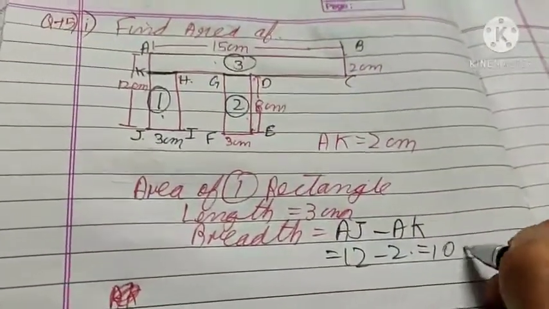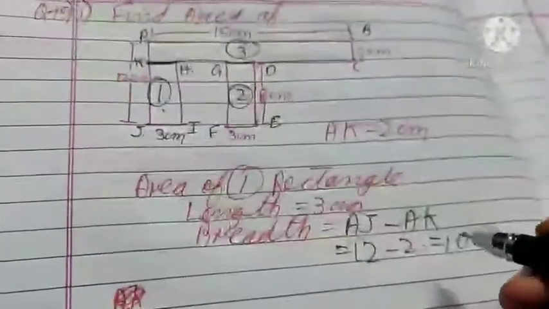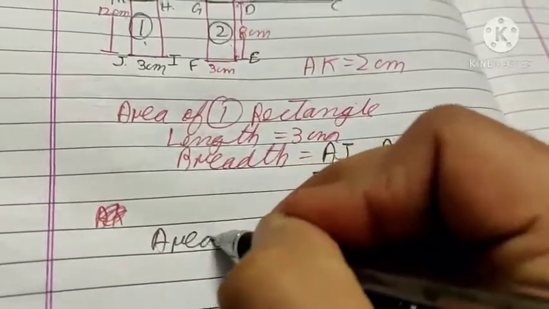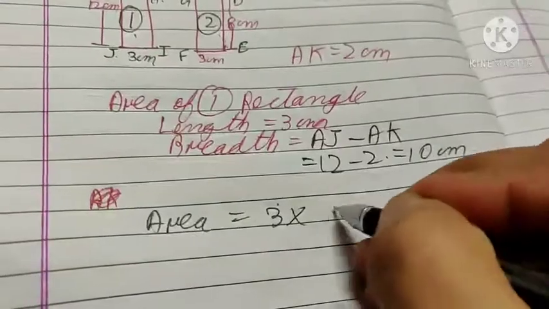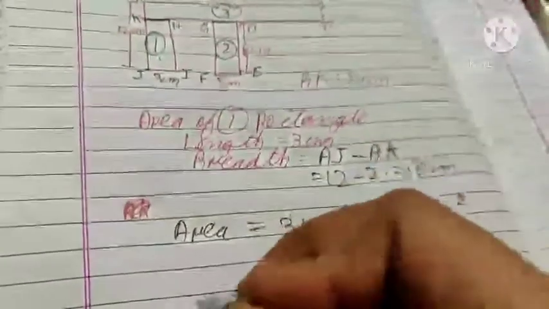Then it will be 10 centimeter. Okay, this is complete 12 and this is a small part 2 centimeter. So area is equals to length. Here is 3 and breadth here is 10. So 30 centimeter square is the area of one.